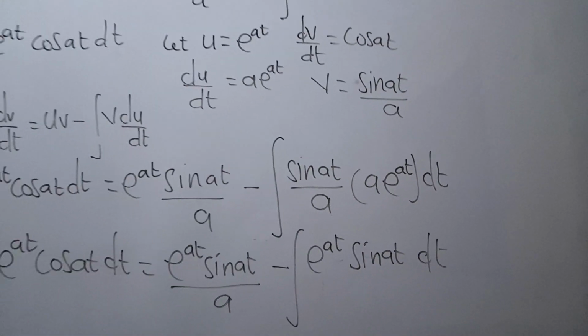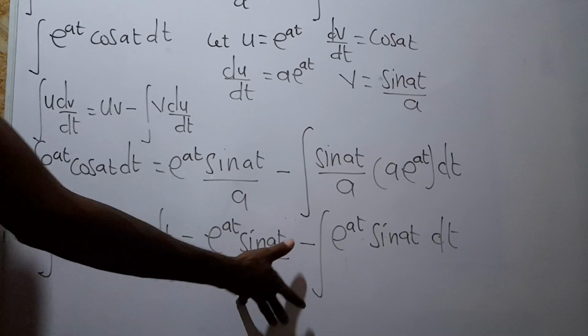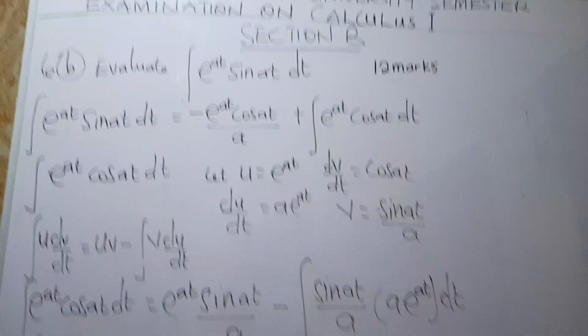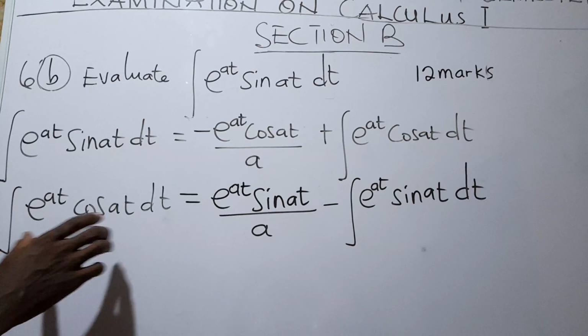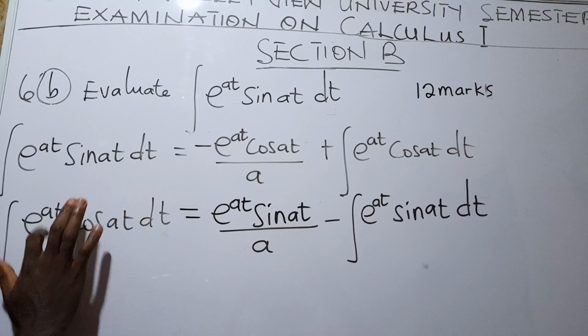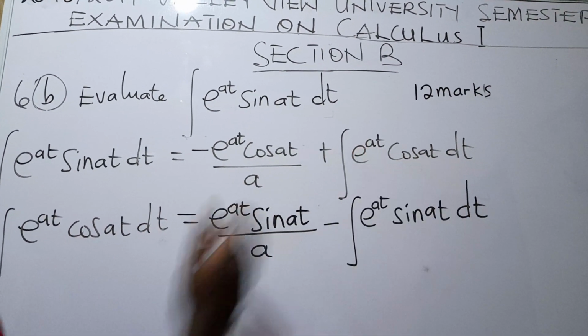So now, we know the integral of e^(at) cos(at) dt to be this. We substitute it in this place. So now we can substitute this in place of the integral of e^(at) cos(at) dt here.